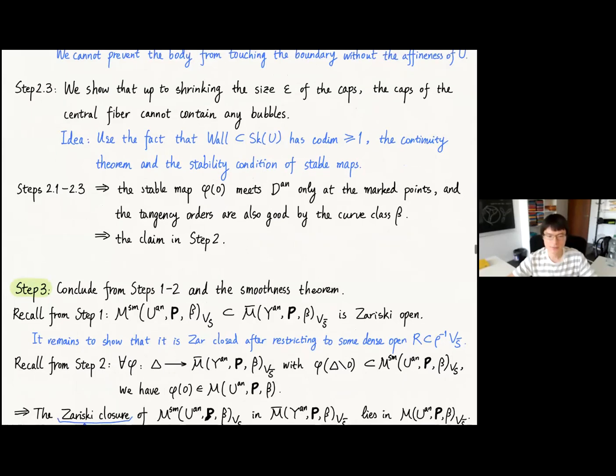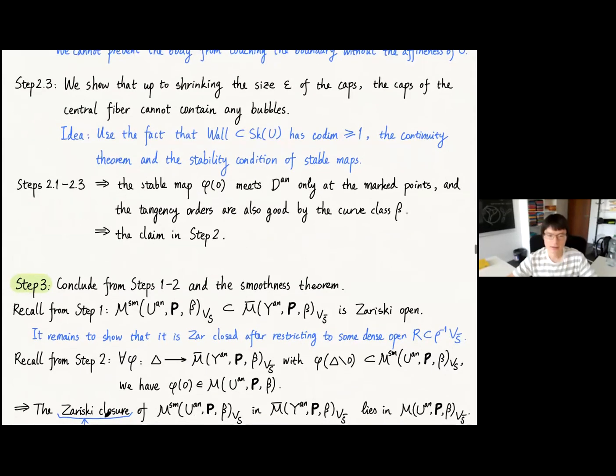This implies that if we take the Zariski closure of this M smooth restricted to Vs inside the proper moduli stack M bar restricted to Vs bar, the Zariski closure must lie in this moduli stack consisting of stable maps with correct intersections of the boundary. It's just a reformulation.